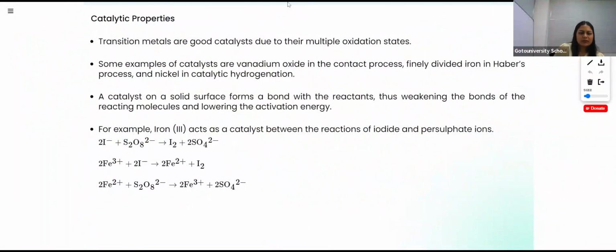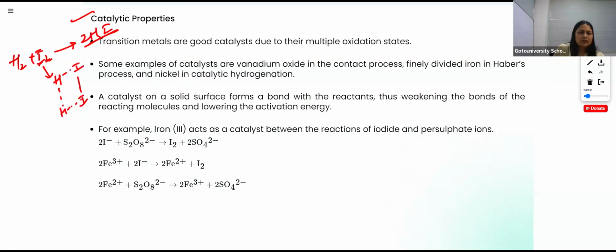Now catalytic properties. What are catalytic properties? Let's take an example of hydrogen and iodine. This example I think we have already discussed in electrochemistry also, where H2 and I2 combine and form 2HI, and while combining, they form an intermediate like this.